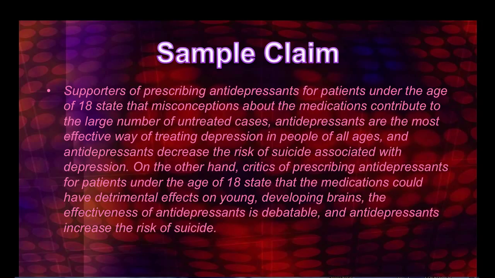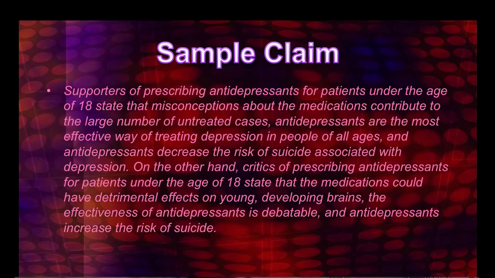Because the supporters and the critics might make major points about different subtopics, instead of disagreeing on the same subtopics, your claim might actually need to be 2 sentences long, as this one is.